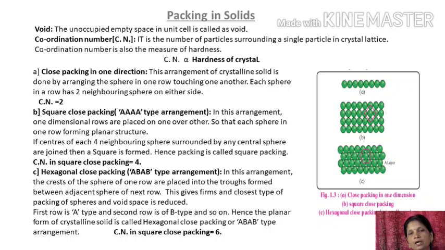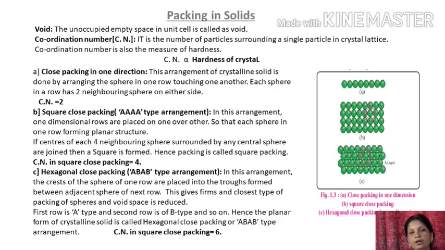Now there are three types of packing in solids. First is close packing in one direction. This arrangement of crystalline solid is done by arranging the spheres in one row touching one another. Each sphere in a row has two neighboring spheres, one on either side. Coordination number here is equal to 2. Second is square close packing, also termed AA type arrangement.